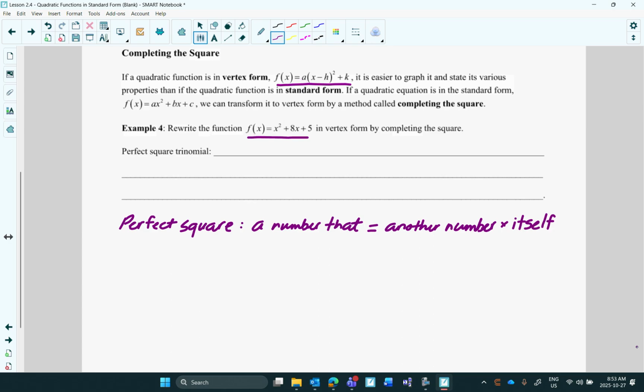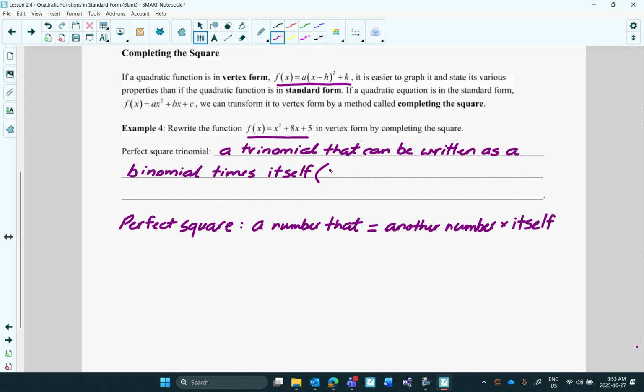A perfect square trinomial is a trinomial that can be written as a binomial times itself, or a binomial square. Itself means the same thing as square.